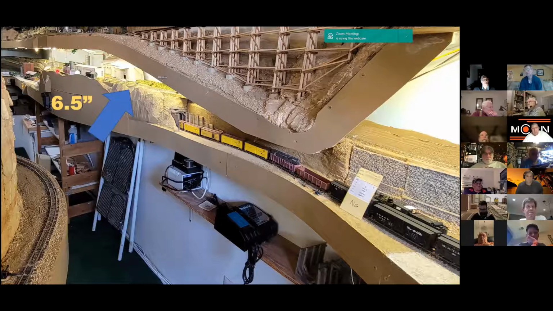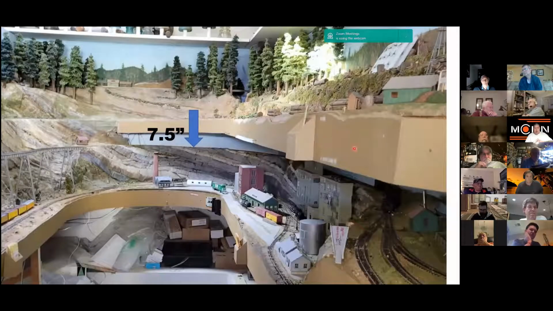And I have a pop out here that I built because I needed a place for a slaughterhouse and another watering hole for the cattle. And that's 6.5 at this point. It's 7.5 right around this corner. That's the corner right there.